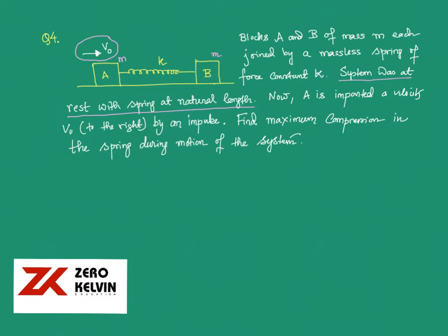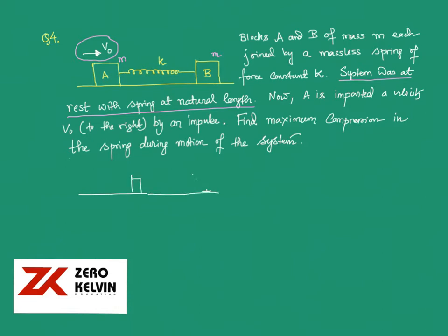Now maximum compression, so when is the length of the spring minimum or maximum? This is the length of the spring L. I'll neglect the size of the blocks to make it simple.